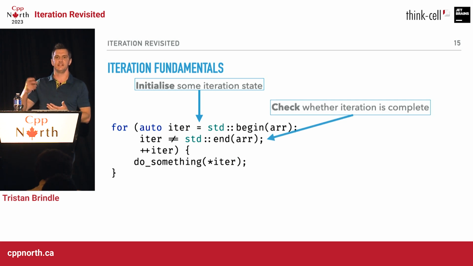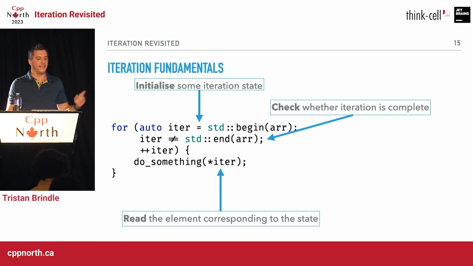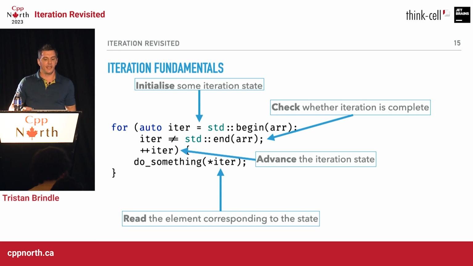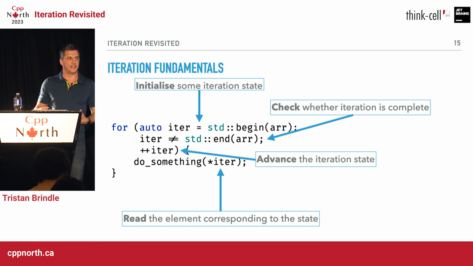And again, for iterators, as we know, we compare it against the past-the-end iterator or a sentinel in C++20. We need to be able to read the element corresponding to the state. Okay, if we can't do that, well, we can't do anything very useful. And finally, we need to be able to advance our iteration state so that we are now looking at the next element in the sequence.